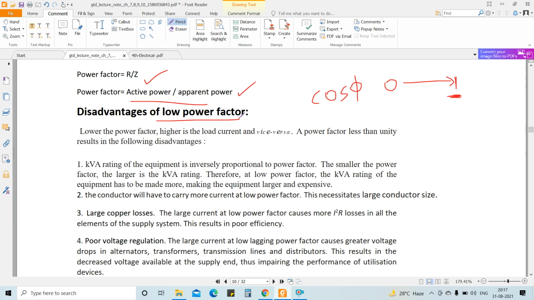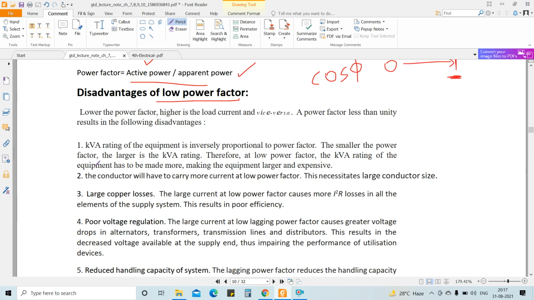So when there is a low power factor in the power system, what are the effects, what are the disadvantages? When power factor is low, the load current is higher, and vice versa. Power factor less than unity is your low power factor case.